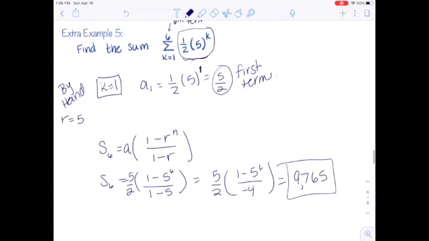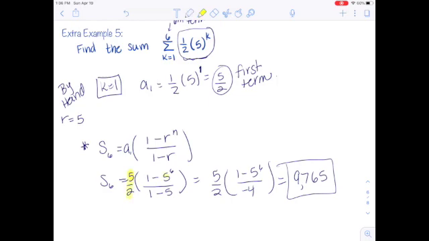Now, to find the sum up until the sixth term, we're going to use our rule for the sum for s sub 6. And that would equal, our rule would be a sub 1 times 1 minus your r to the n over 1 minus r. That's exactly what we used in the last problem. And then you're going to plug in your first term.